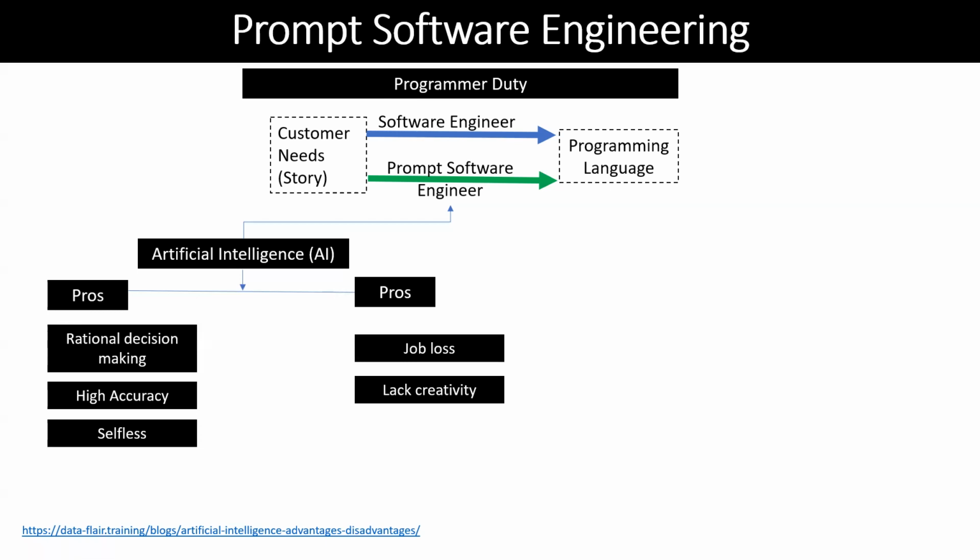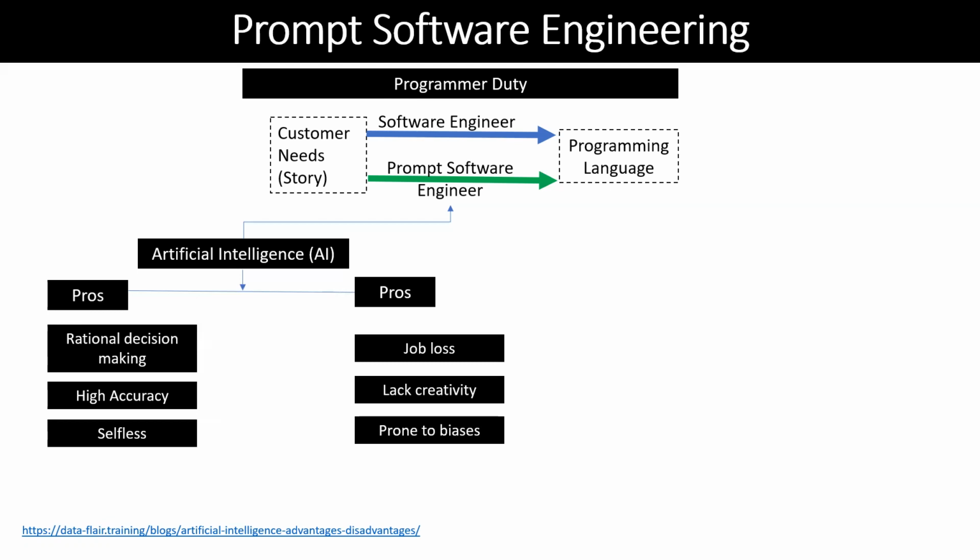Also, another disadvantage of AI is the lack of creativity. And it could also be biased. It has to be trained and guided, and depending on the data used to train AI, bias can set in.